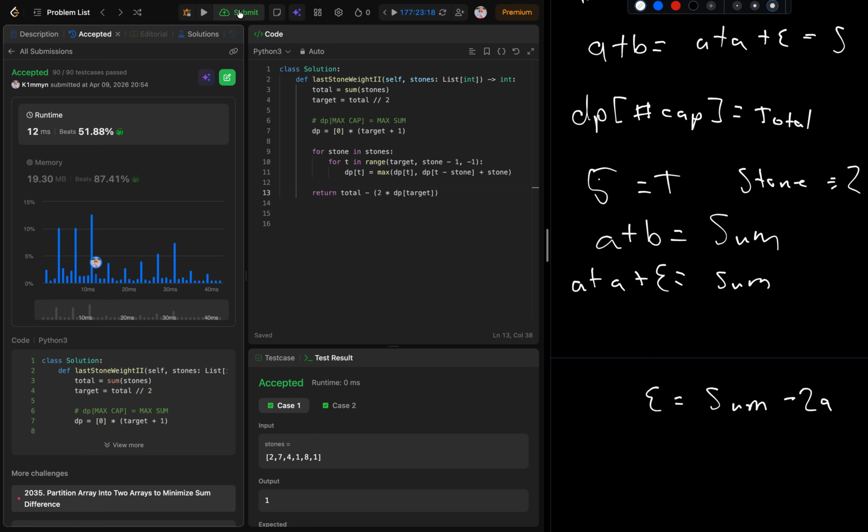Yep. Yeah, and I'm not sure if this matters, but I remember reading somewhere that this max function actually makes it slower. It's a bit slow or something.